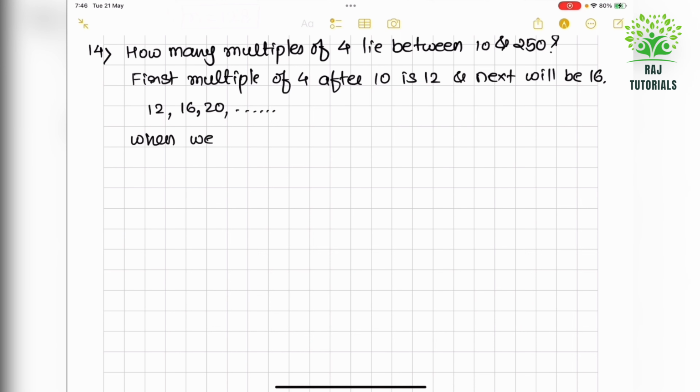When we divide 250 by 4, remainder is 2.